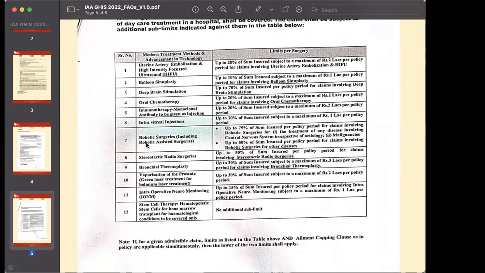For example, robotic surgeries, up to 75% of sum insured per policy period for claims involving robotic surgeries, and all that. You can go through it. If there's any specific thing here that you might be looking at, we can maybe figure out. Prasanna, you can be the brand ambassador for us in the Delhi region.